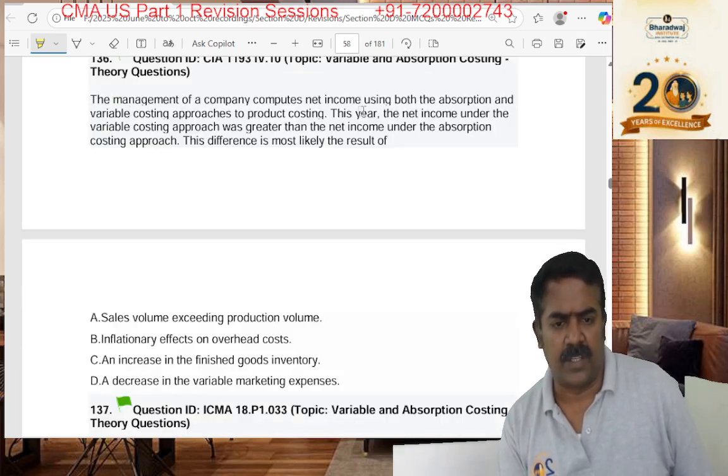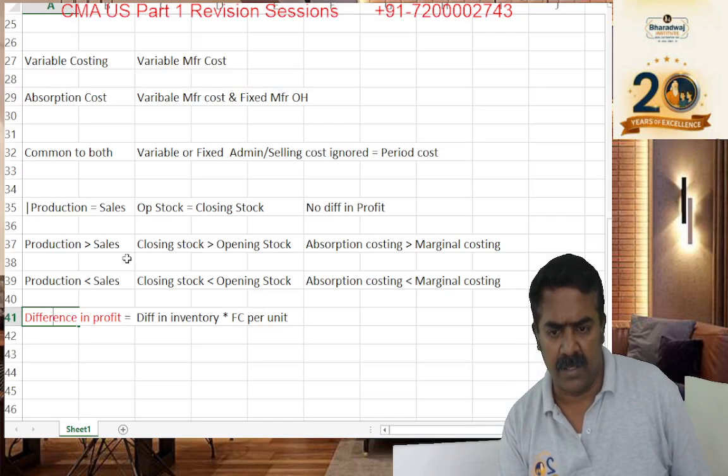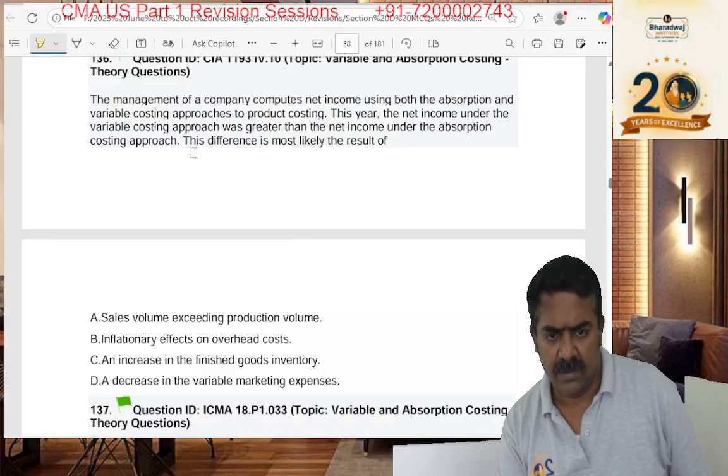The management of a company computes net income using both absorption and variable costing approaches. Net income under variable costing is greater than net income under absorption costing. Otherwise, net income under the absorption costing approach is less.